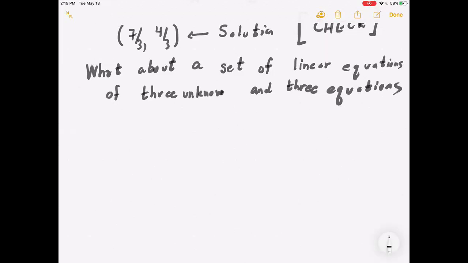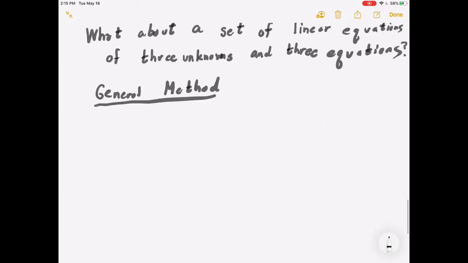So if you can imagine having a problem where you have 3 equations and 3 unknowns, the brute force method is going to get to be a little bit more complicated or tedious to deal with. So we need to come up with a general approach of solving systems of linear equations simultaneously.